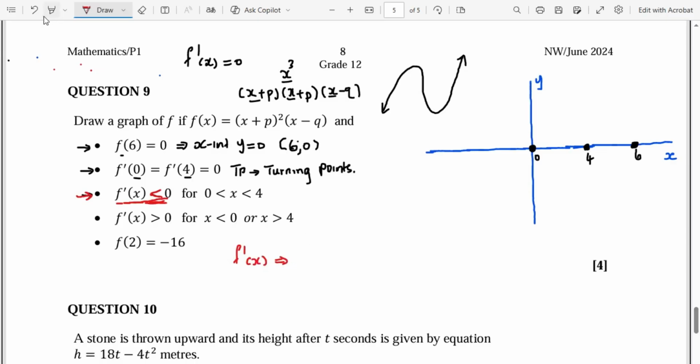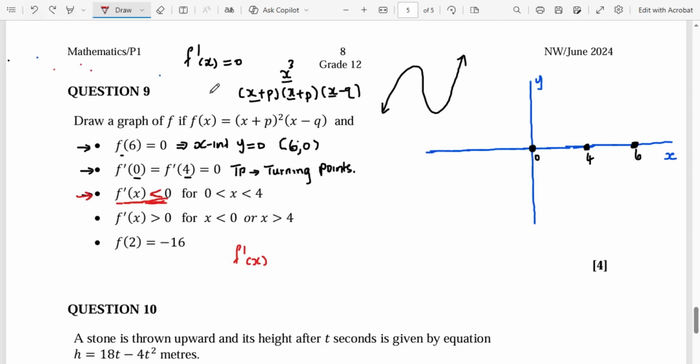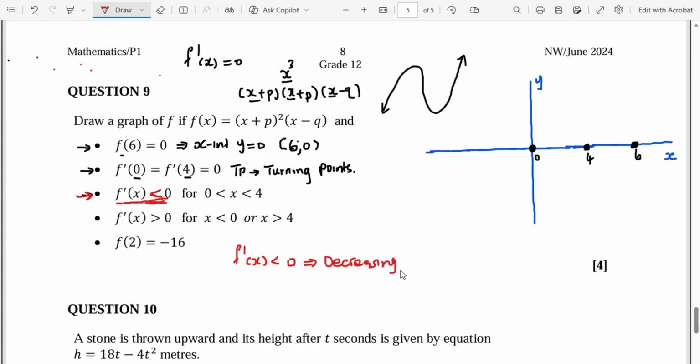Let me write this down. F prime is less than 0. It tells us where the graph is decreasing. So this is decreasing, between 0 and 4.